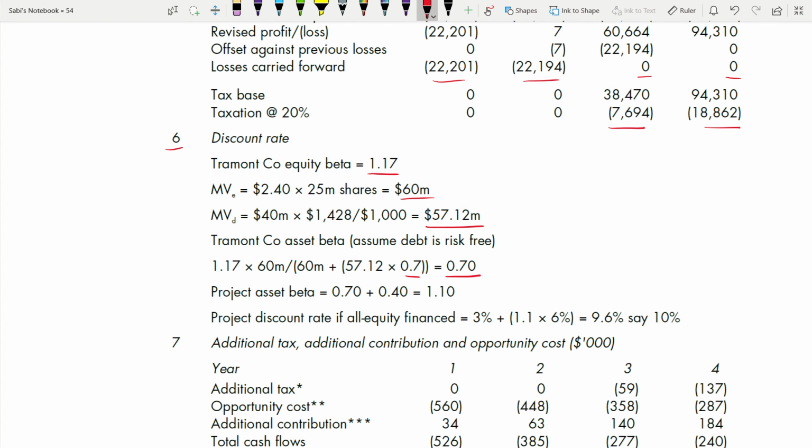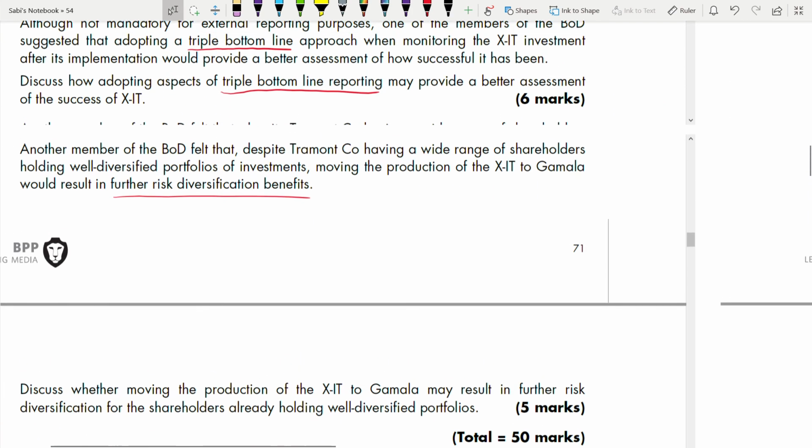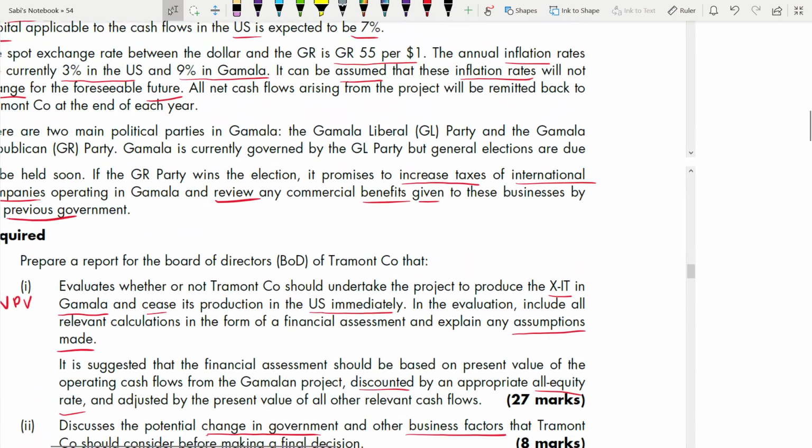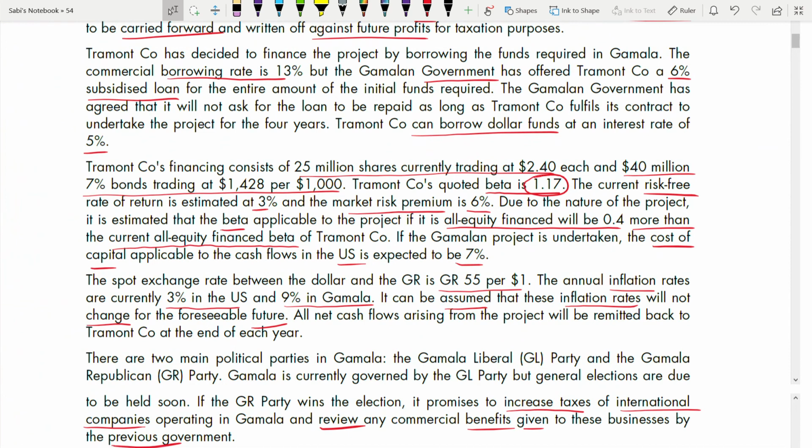So they told that the asset beta is 0.4. Okay, we'll read this once again. Due to the nature of the project, it is estimated that the beta applicable to the project, if it is all equity financed, will be 0.4 more than the current all equity financed beta of Tramont company.